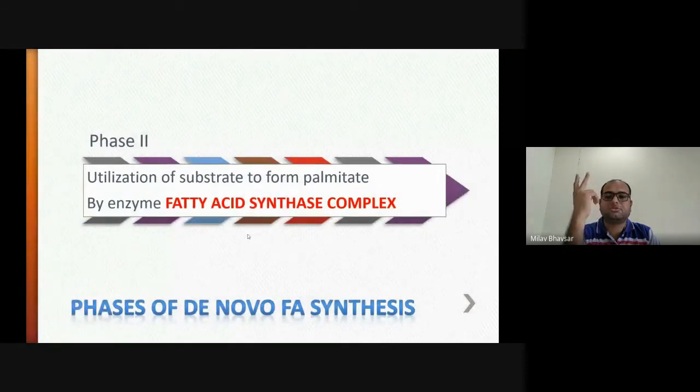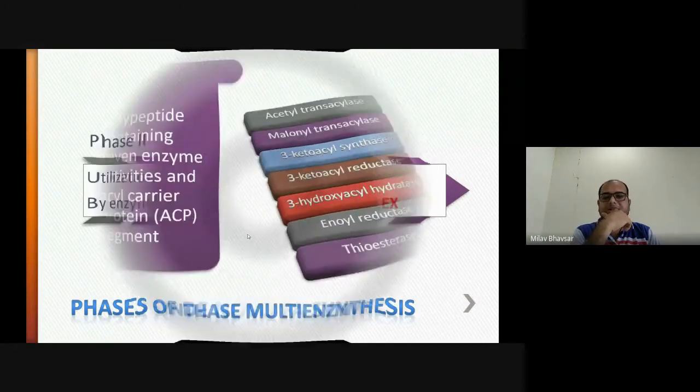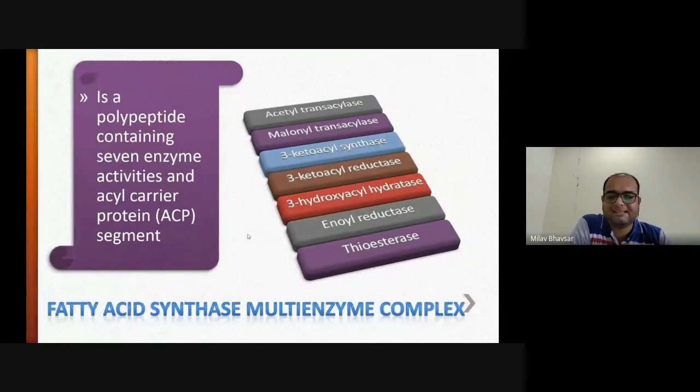Now comes the phase 2. We are going to utilize the complex enzyme, a very large enzyme that is going to convert your malonyl coenzyme into the palmitate. So fatty acid synthase, it's a multi-enzyme complex and almost 7 enzyme activities are combined together here along with the acyl carrier protein.